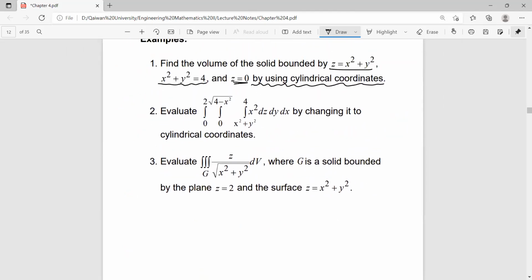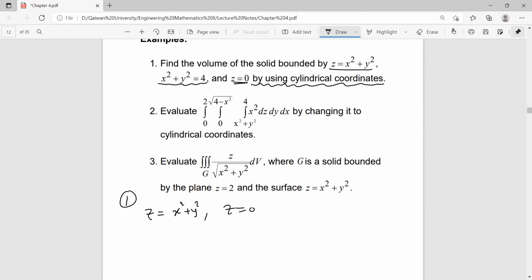Here we have given that z equals x squared plus y squared, and z equals 0. That means the limits of z is from 0 to x squared plus y squared. But we said that x squared plus y squared is r squared.